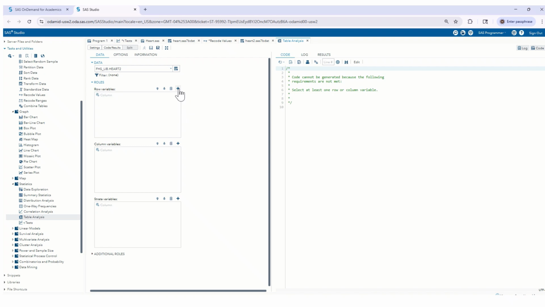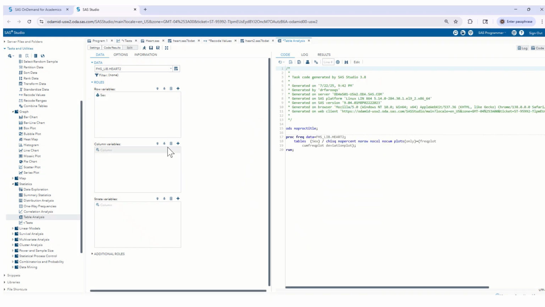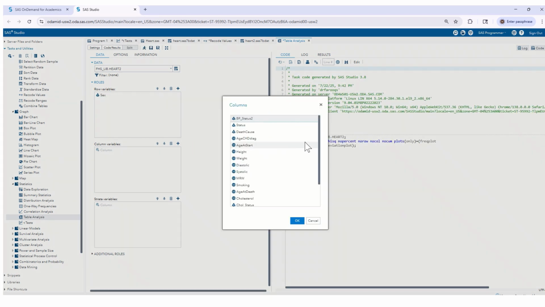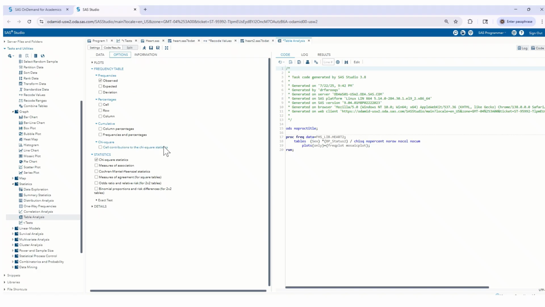Okay, and the row variable is going to be our exposure, which in this case is sex, and our column variable would be BP status 2, which has now only two categories. And then on the options tab, I'm going to keep all the default options. The only thing which I'm going to add is odds and relative risk, and that's it. I'm going to submit the code.